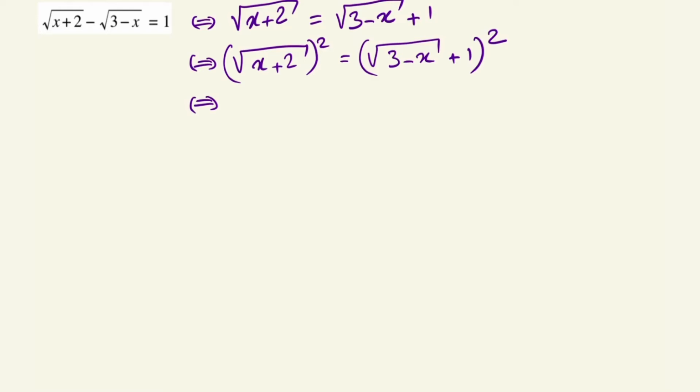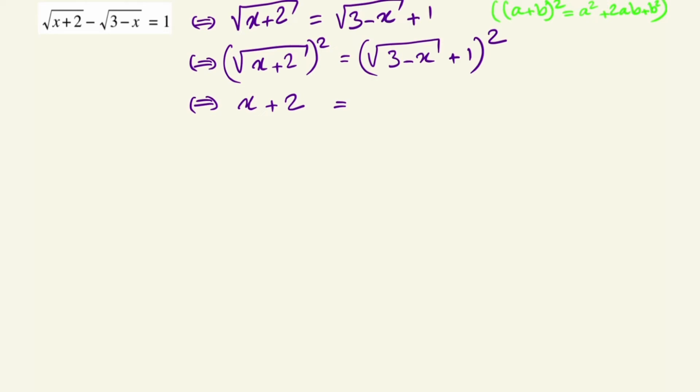So what we're going to have, just x plus 2, and on this side we're going to use this formula here: a plus b squared is just a squared plus 2ab plus b squared. This is what we're going to use this time.